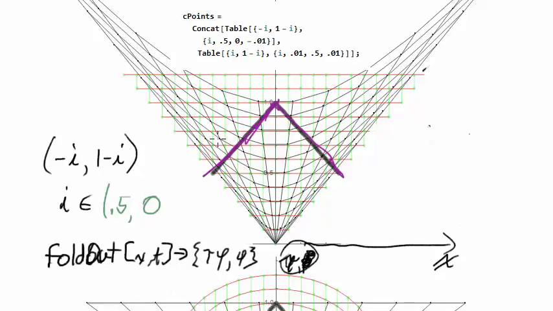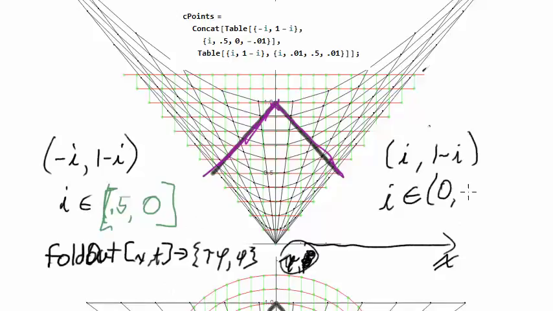Because 0.5 was the green point. So it should be essentially that. On the other side, we got positive I comma 1 minus I, as I goes from 0 to 0.5.